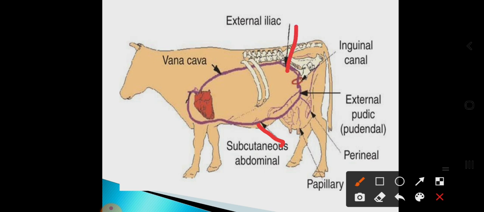This is the external iliac artery. This is the inguinal canal, external pudic artery, and this is the perineal vein, and these are the papillary veins. So this is in short, and this is the vena cava, which drains blood from all the veins to the heart, and then it gets purified, and then from the subcutaneous abdominal vein the blood is drained to the udder, and which forms the milk.